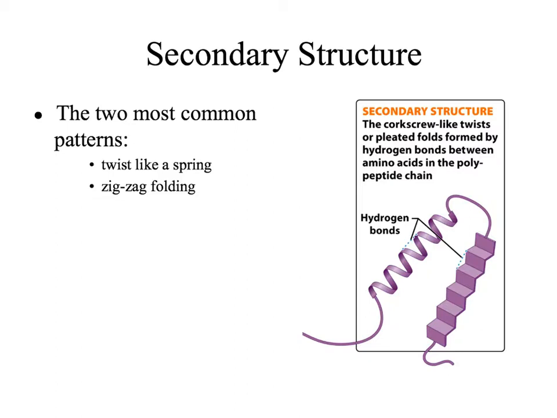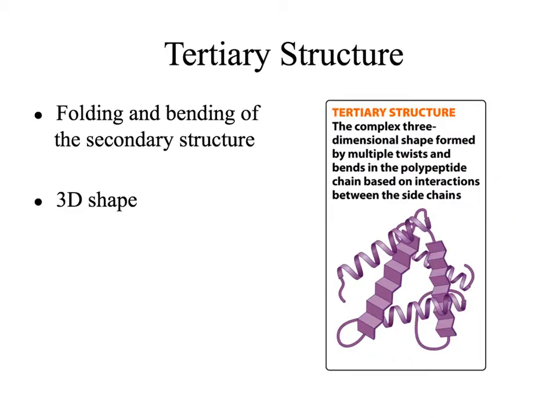Secondary structure has twists and coils or zigzags. These 3D structures are small and are usually due to interactions between the different amino acids. We often see hydrogen bonds helping form these twists and pleats. Tertiary structure is the 3D shape of our polypeptide chain.